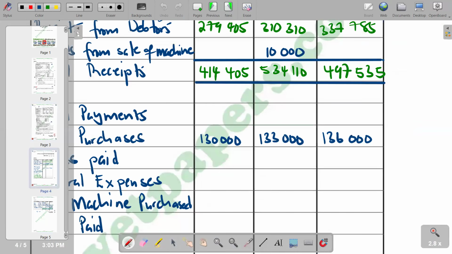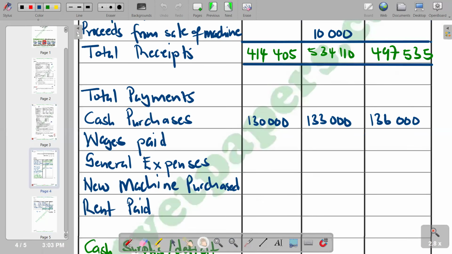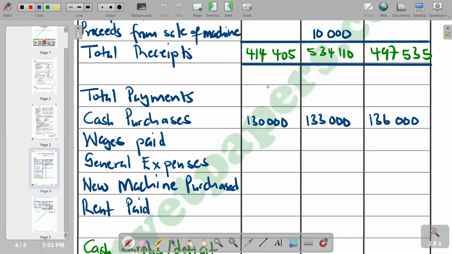So we come to our cash budget. So we see this month that we have 125,000. And then we have got 126,000. And then in the last column, we've got 127,500.